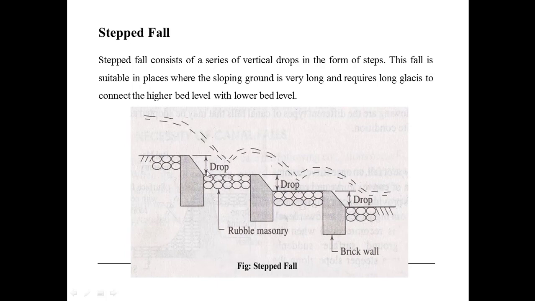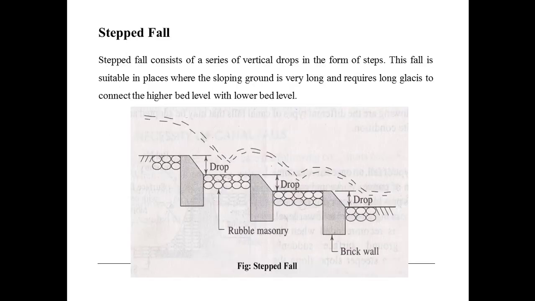Also, rubble masonry is provided between the brick walls in order to protect the bed. The bed of the canal within the fall is protected by rubble masonry, with the surface finished with rich cement mortar of 1:3.